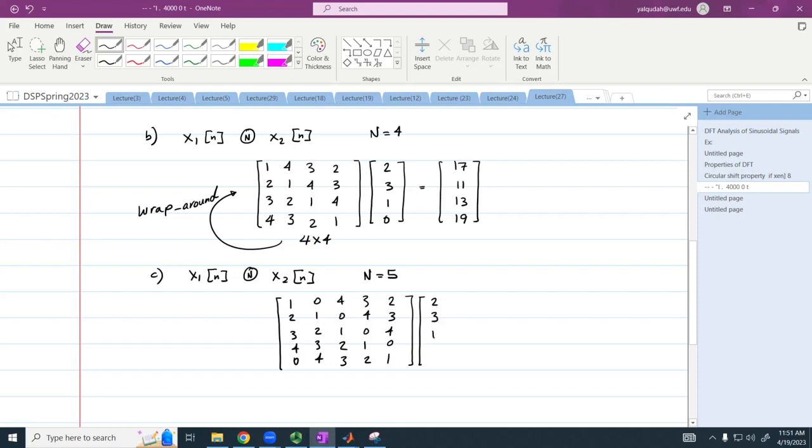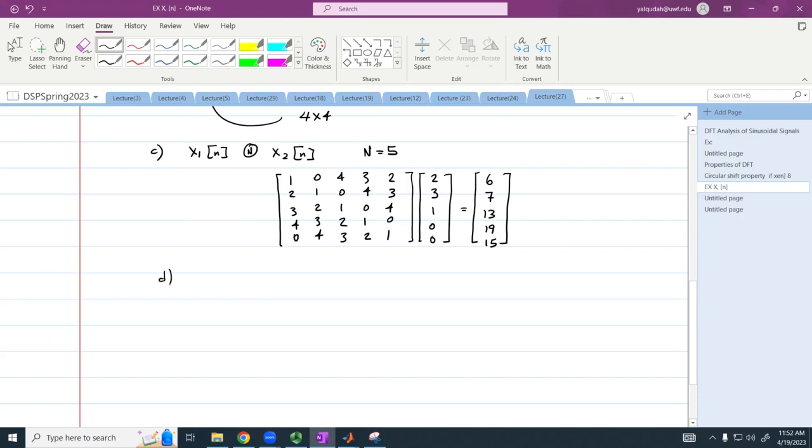Multiply by 2, 3, 1, 0, 0, and we get 6, 7, 13, 19, and 15. So this is circular convolution with n equal to 5.